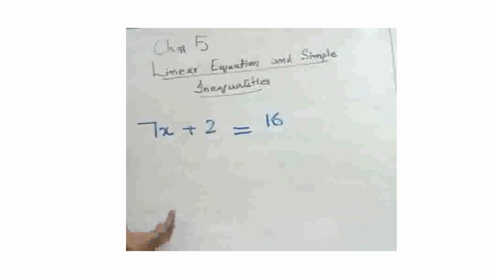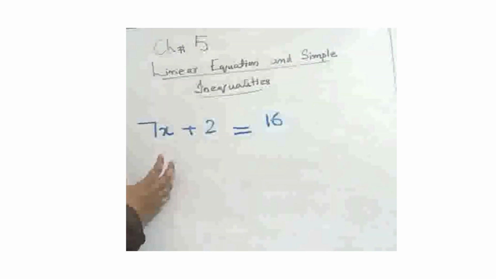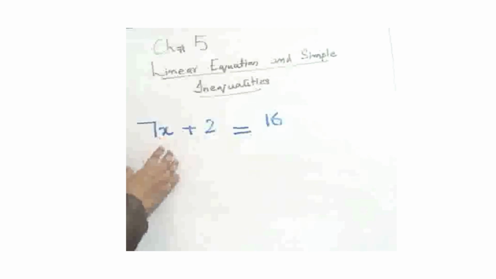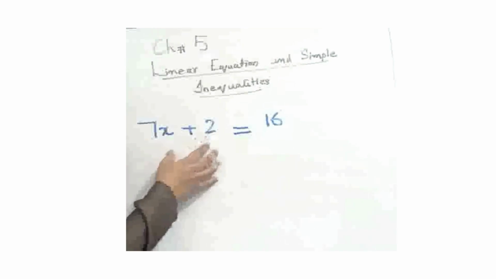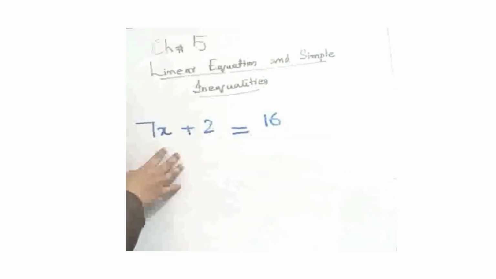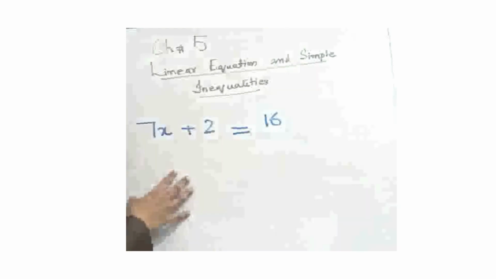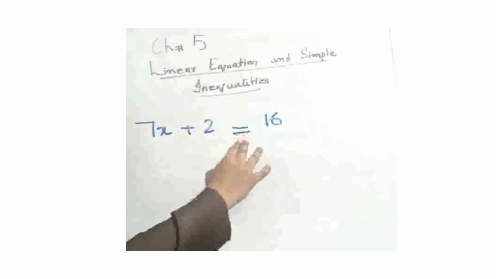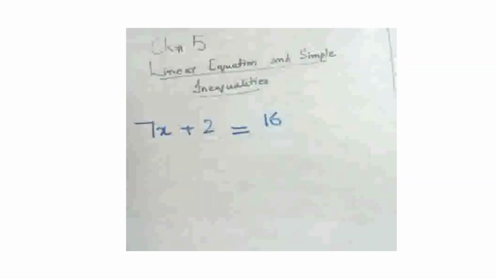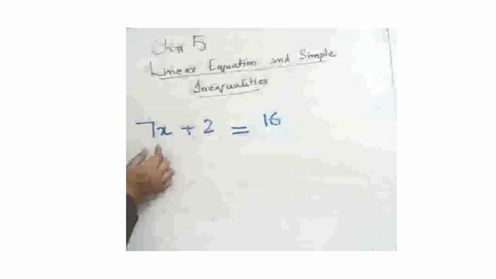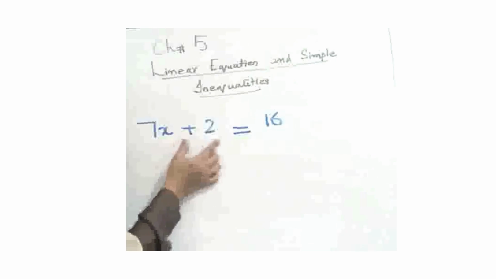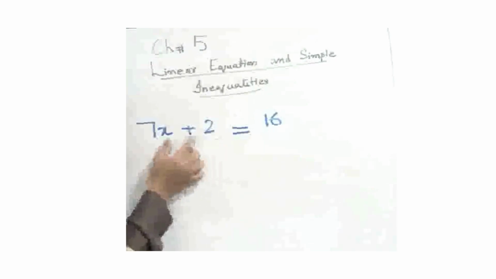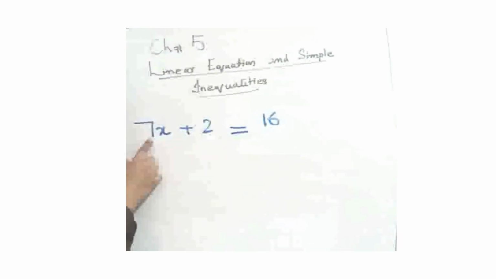You have done this many times before: finding the value of a variable means you have to make the variable alone, and whatever operations, constants and coefficients are attached with it, you have to send them to the other hand side. You can see that two operations are attached with this variable here. One is 2 adding with it, and the other is 7 multiplying with it.